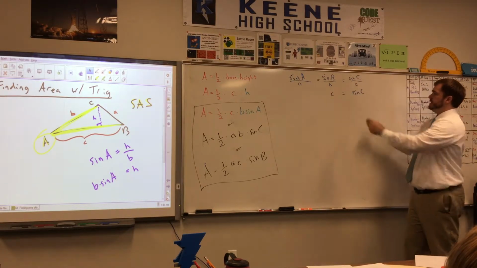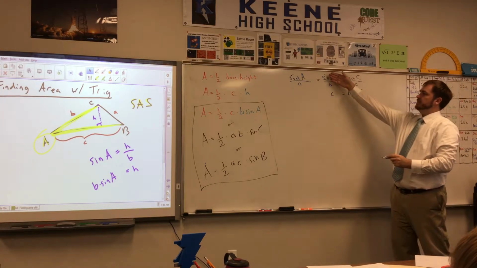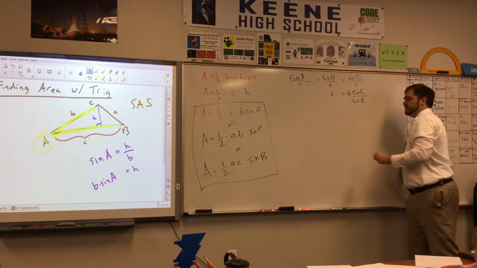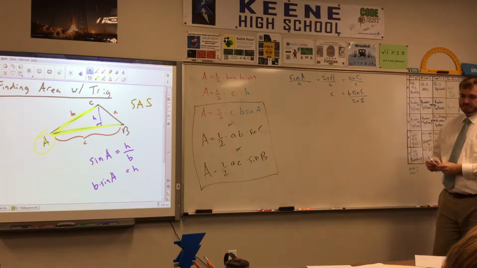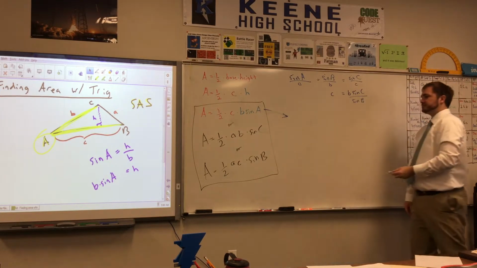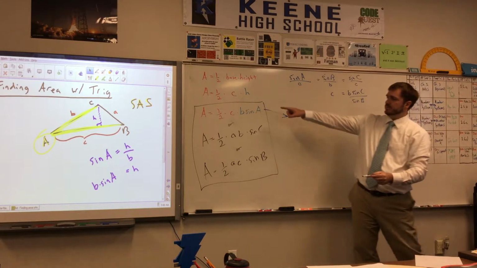I'll multiply both sides by b, and then divide both sides by the sine of angle B. And I'll use that to substitute in for that right there.